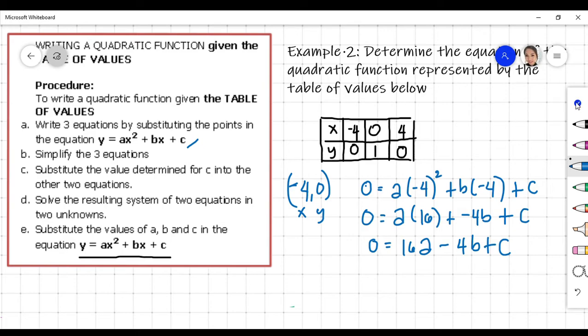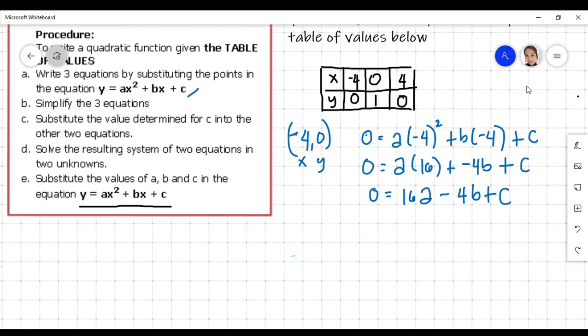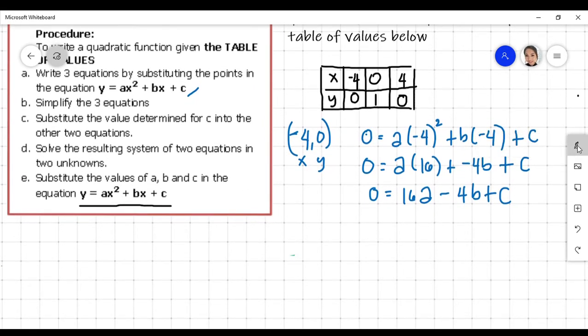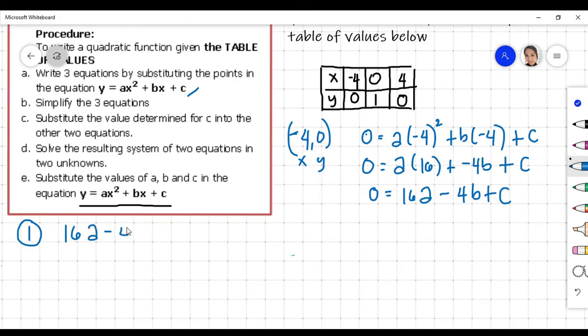So that is our first equation. Okay, so let's write our first equation. 16a minus 4b plus c equals 0.